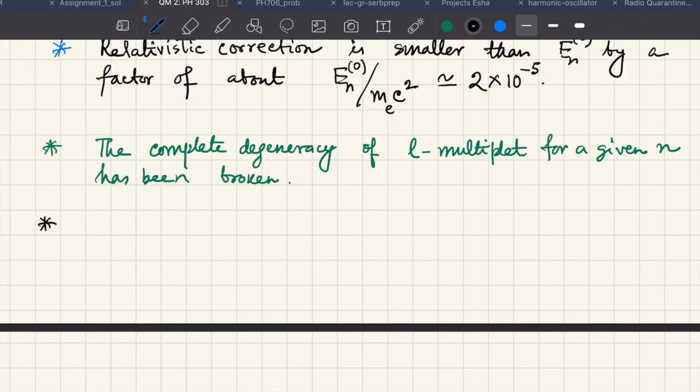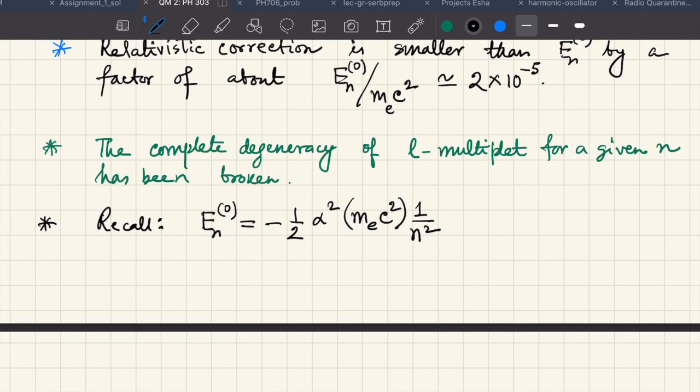Let us remember that En0 we had written in terms of the fine structure constant as minus half alpha square me c squared into 1 by n squared.